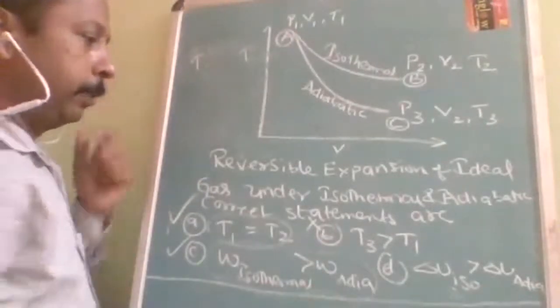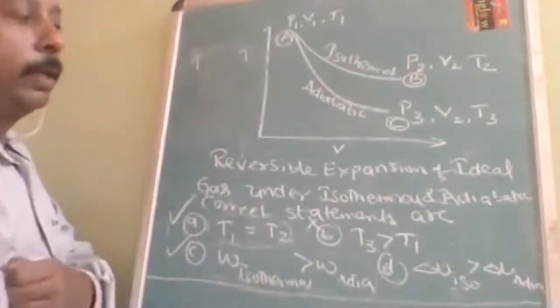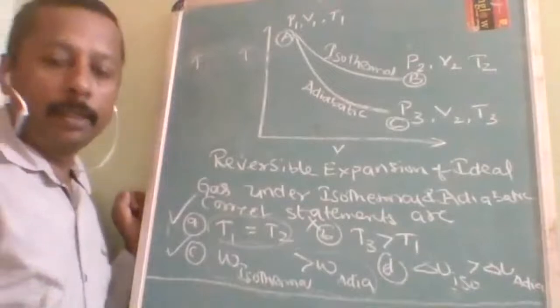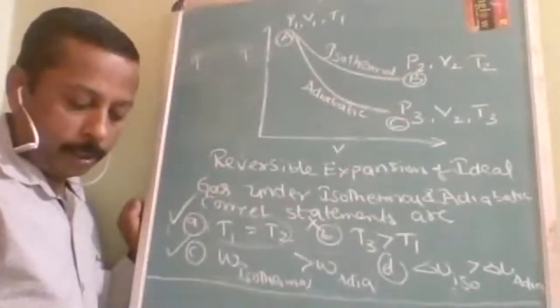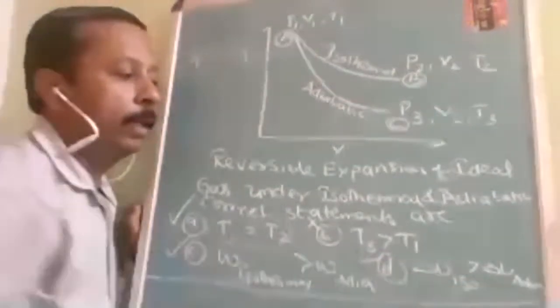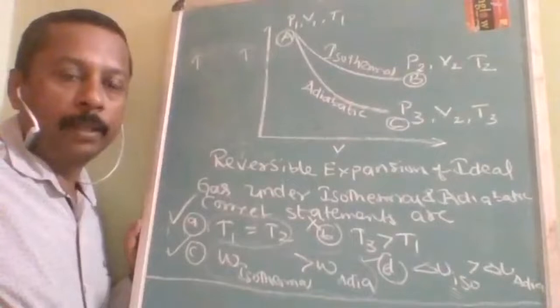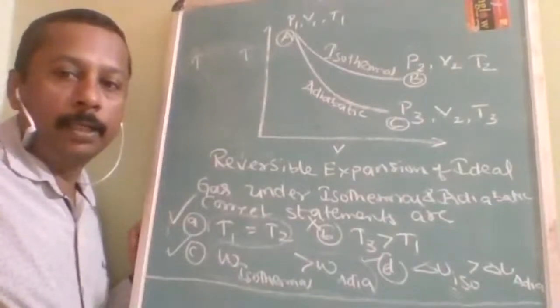Delta U isothermal is greater than delta U adiabatic. Simple, it is correct, because adiabatic means no heat comes in from the outside. Therefore, internal energy will decrease.